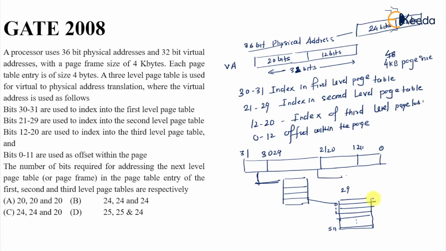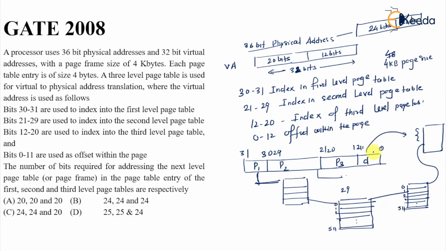In the next level page table, again each will point to another one, having again 512 entries. And now this will point to the actual frame, and the offset will be calculated from here. This is d, the offset. So P1, P2, P3.